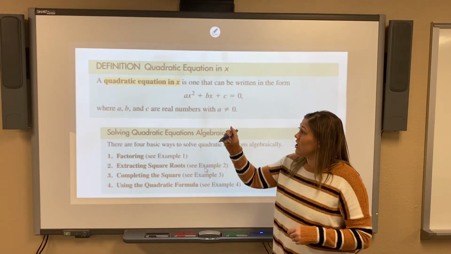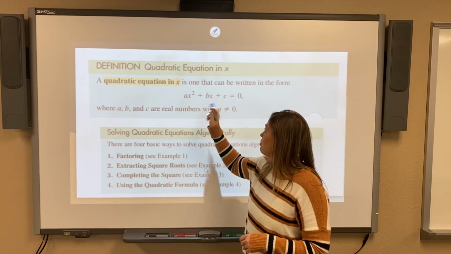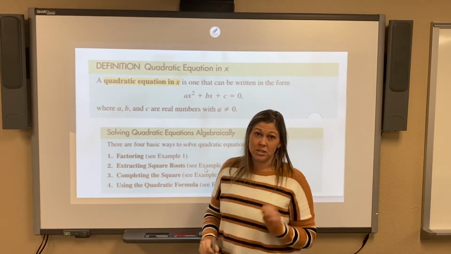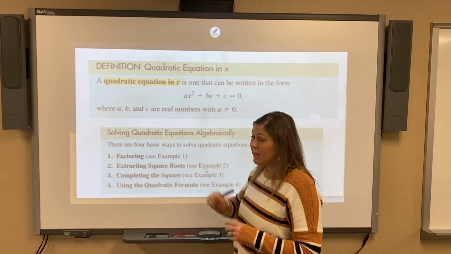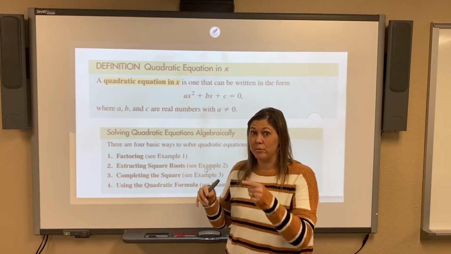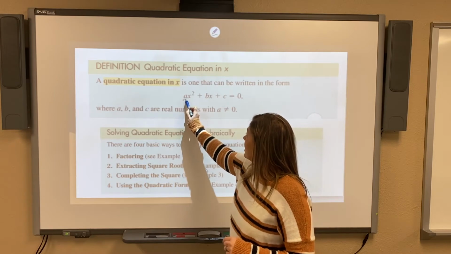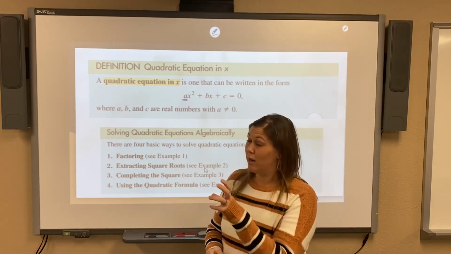A quadratic equation is one that can be written in the form ax squared plus bx plus c equals 0, where a, b, and c are real numbers and a cannot equal 0. Being able to identify a, b, and c is very important when we use the quadratic formula. Our a is the coefficient of the x squared term, whatever number is in front of x squared.